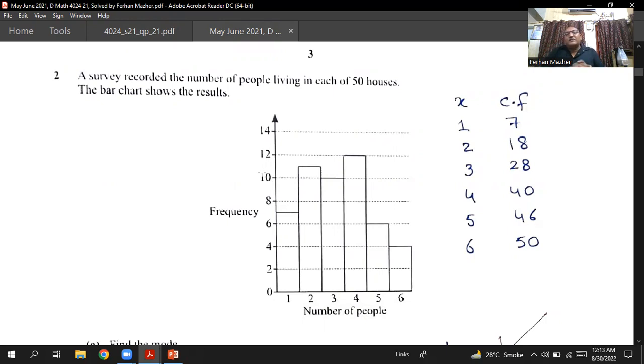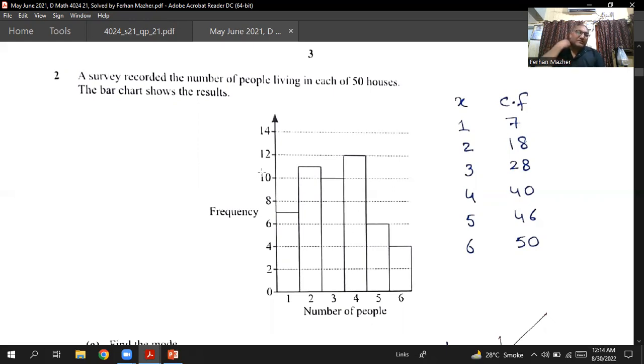For 3 people, 18 plus 10, that will be 28. For 4 people, 28 plus 12, and that will give you 40. For 5 people, 40 plus 6, and that will be 46. And for 6, 46 plus 4, and that will be 50.